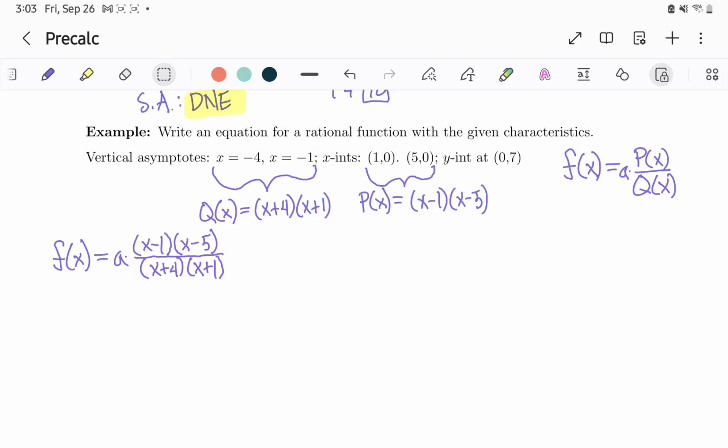All right, so now we have an equation for f of x up to finding the value for the leading coefficient a. And this is where we're going to use the information about the y-intercept. Since we have a y-intercept at (0, 7), this is telling us that f of 0 is equal to 7. So 7 is equal to a, and then we'll plug in zeros for x: 0 minus 1 times 0 minus 5 over 0 plus 4 times 0 plus 1.